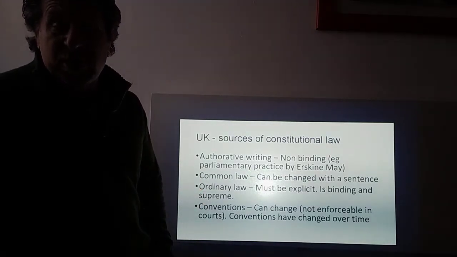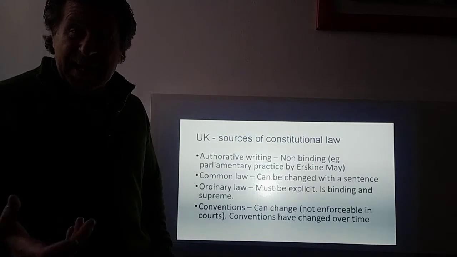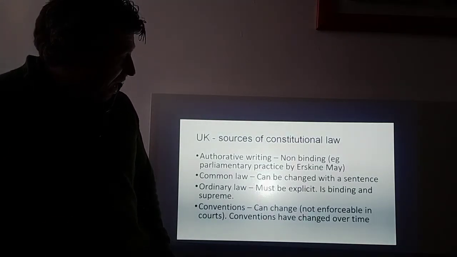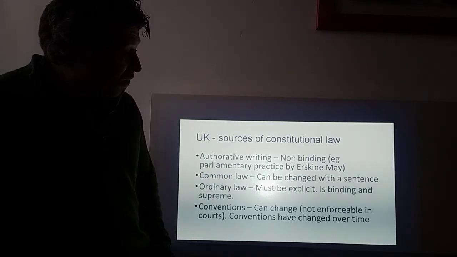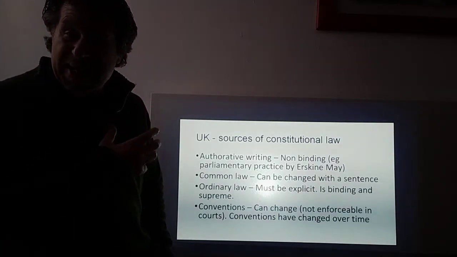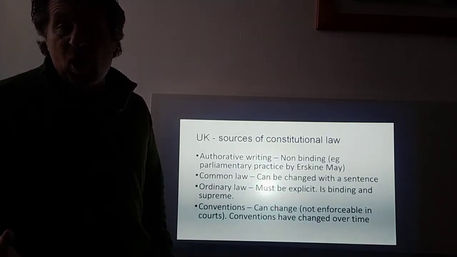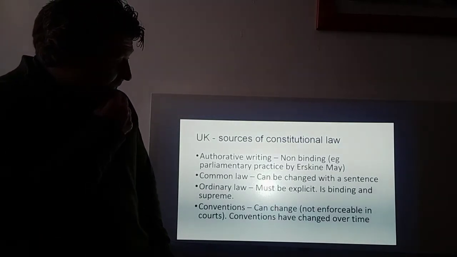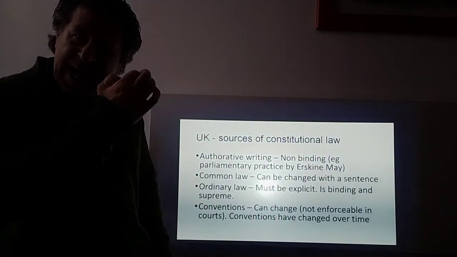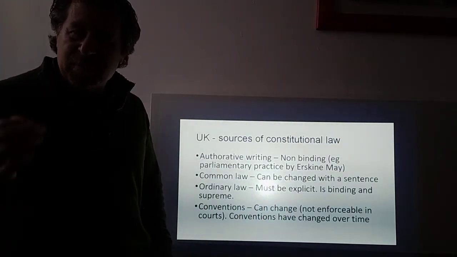Or the ordinary law. The ordinary law is a law made by Parliament, enacted by the Queen, and this is binding. If we want to change it with another ordinary law, remember any law can be changed with another ordinary law, it must be explicitly said that this cancels this other law.